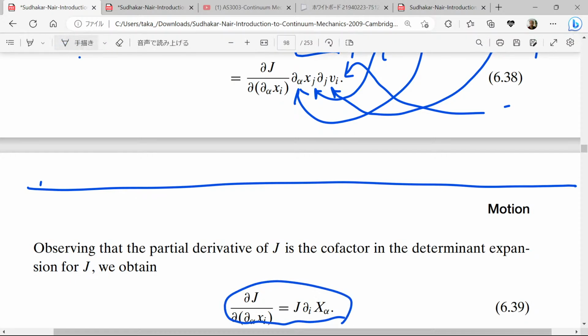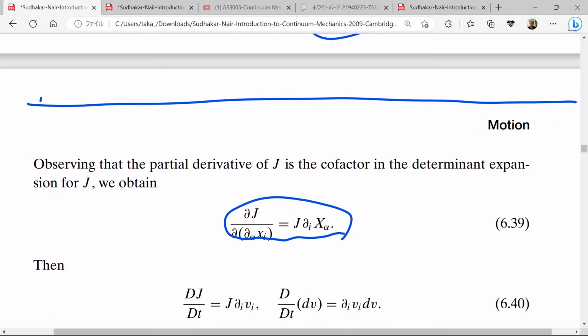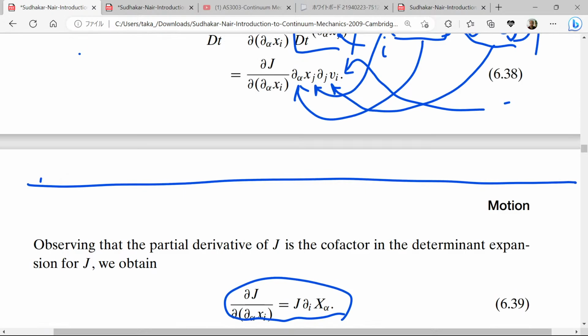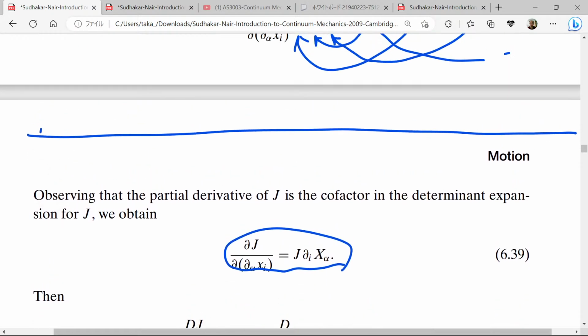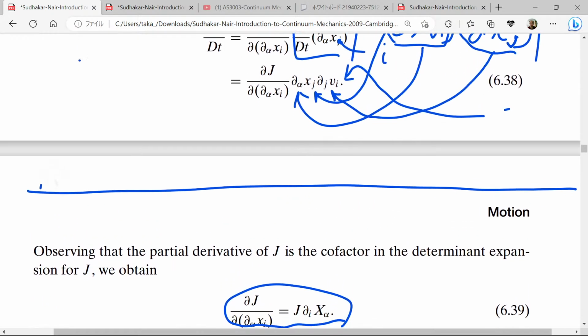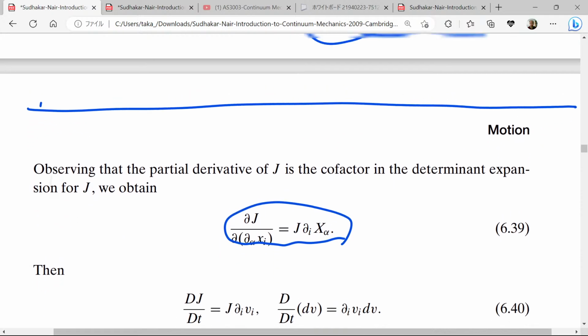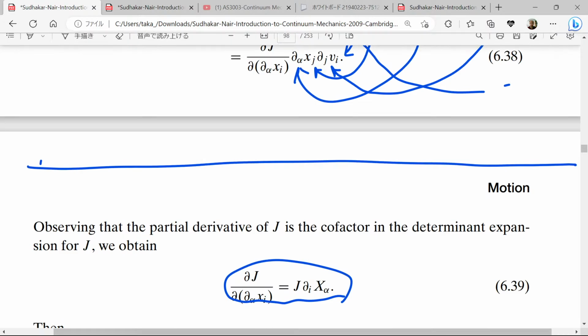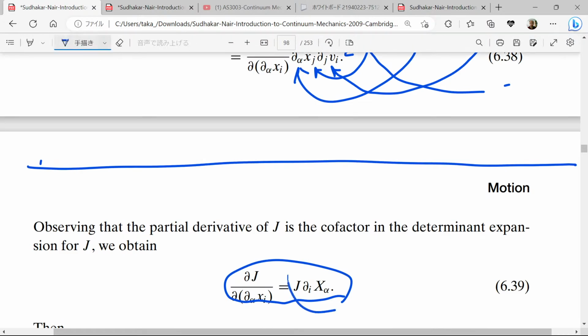I think we have done this so much. So then we can put this one. I think we can put this thing here.